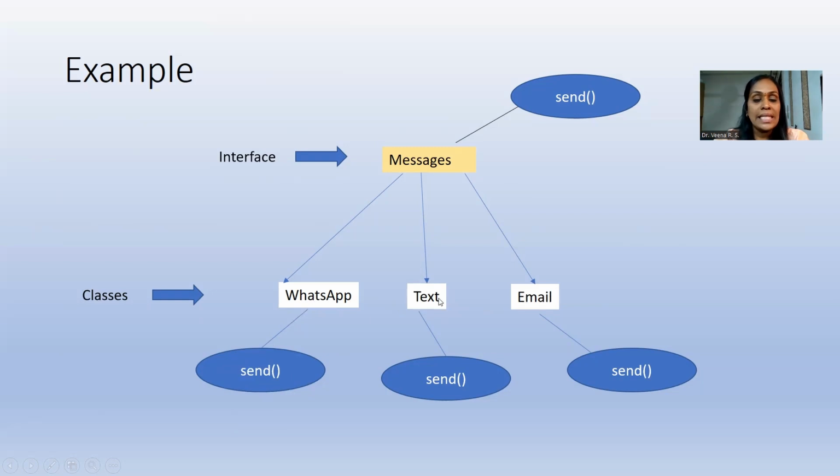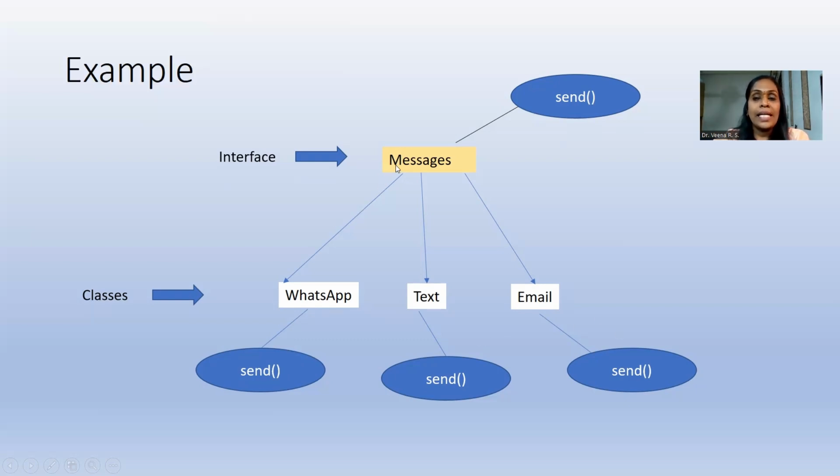So WhatsApp, text, and email are classes, whereas messages is nothing but an interface. And when there is an inheritance from messages to these classes, the send method from the interface must be overridden in the respective classes.